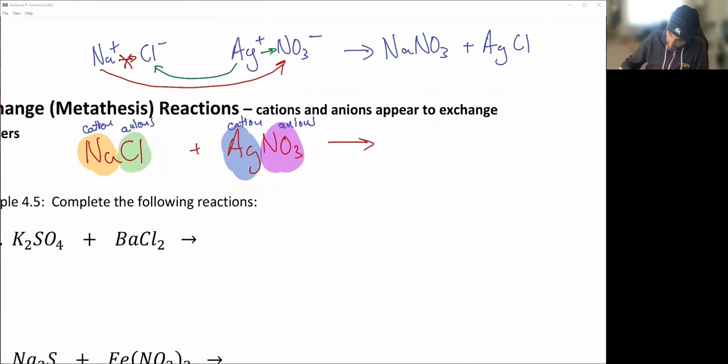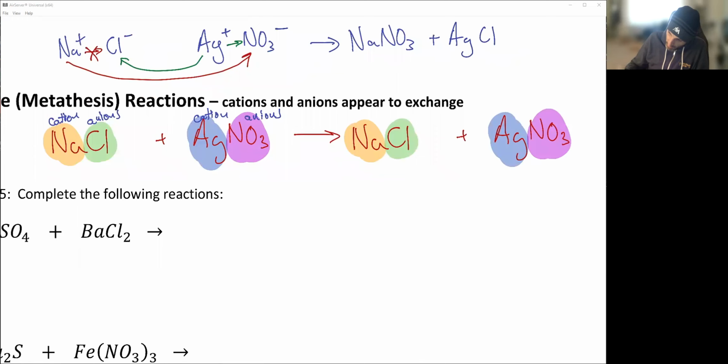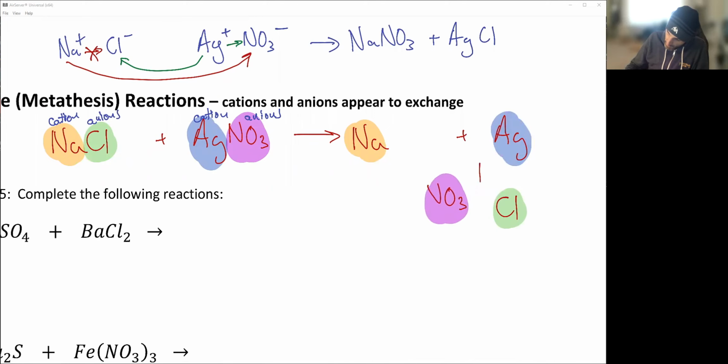So the nitrate was with the silver, and now it's going to combine together with the sodium.